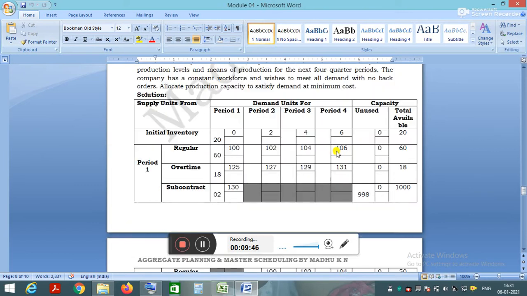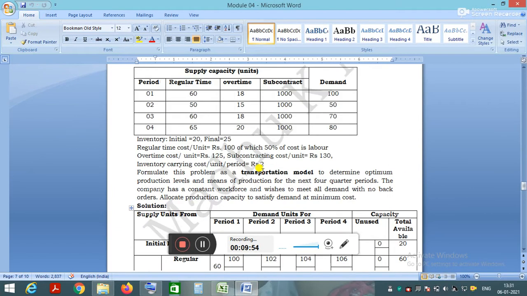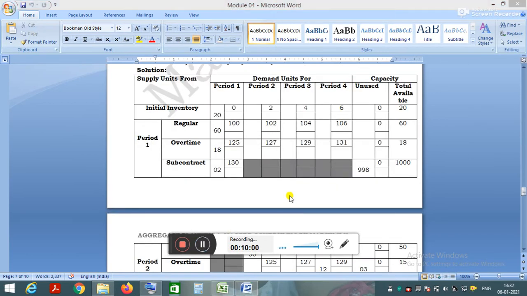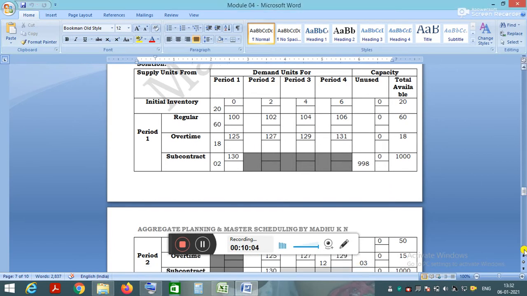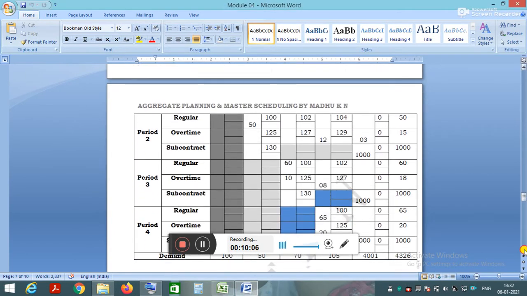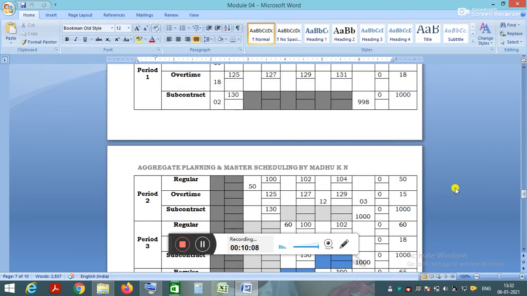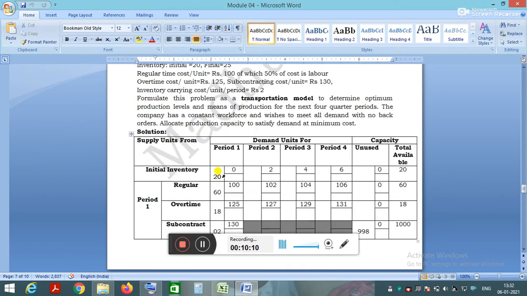Okay, now for period 1, he has given the demand. See, for period 1, the demand for the product is 100, but already 20 products are available in the inventory.